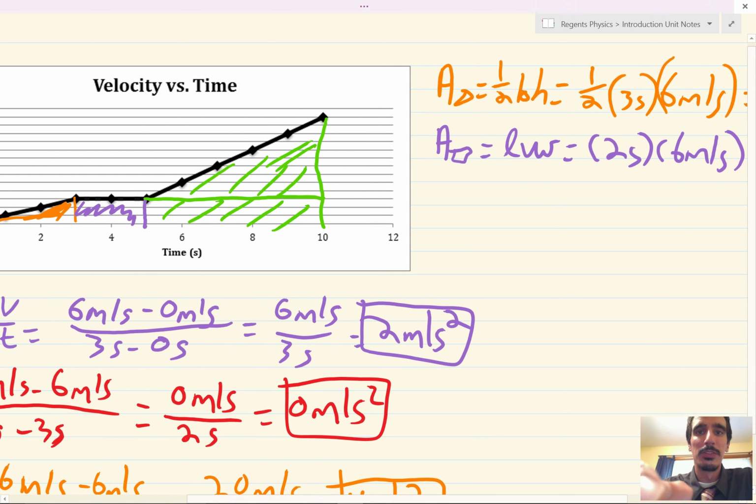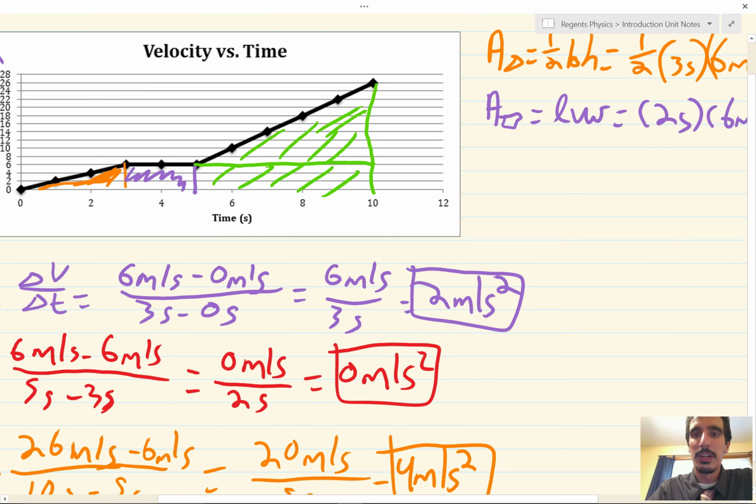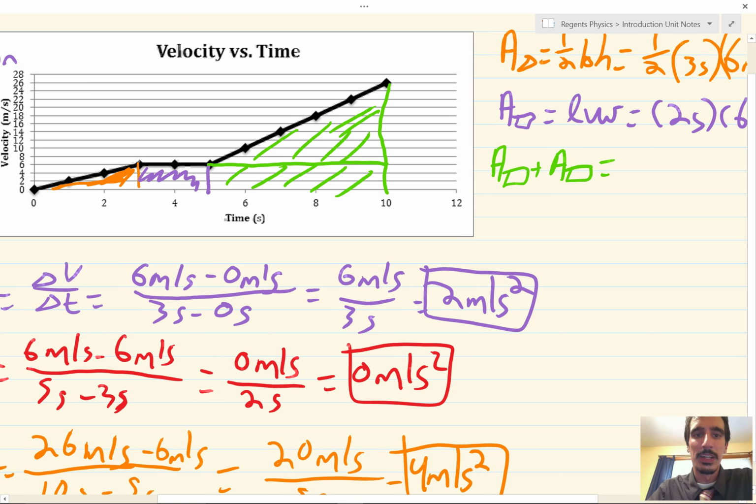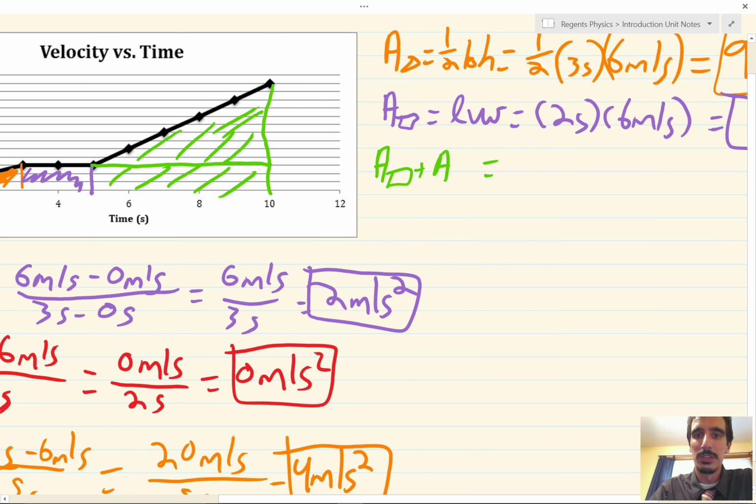And for the last one in green, we have to do the area of a rectangle plus the area of a triangle. Okay, let's do the rectangle first. We're going from 5 seconds to 10 seconds. So we have base times height plus 1/2 base times height, or length times width.